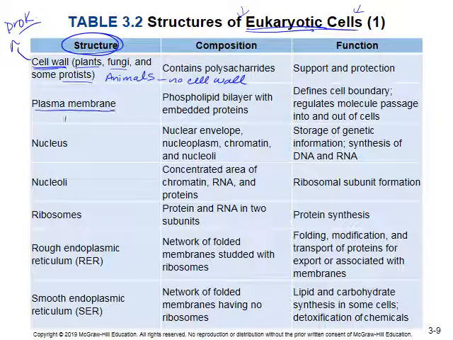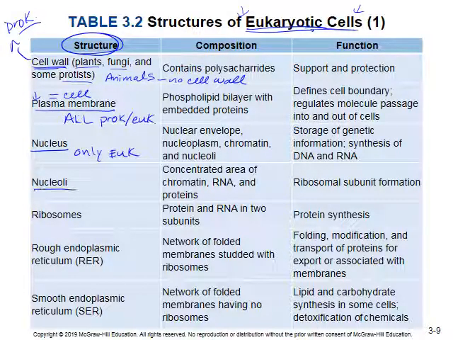Plasma membrane, all. So everybody has a plasma membrane. You have to have a plasma membrane in order to be a cell. So all prokaryotes and all eukaryotes have a cell membrane. Nucleus, only eukaryotes. So you can see nucleolus or nucleoli, ribosomes. We said yes, all, right? Everybody's got ribosomes because everybody's got to make proteins.